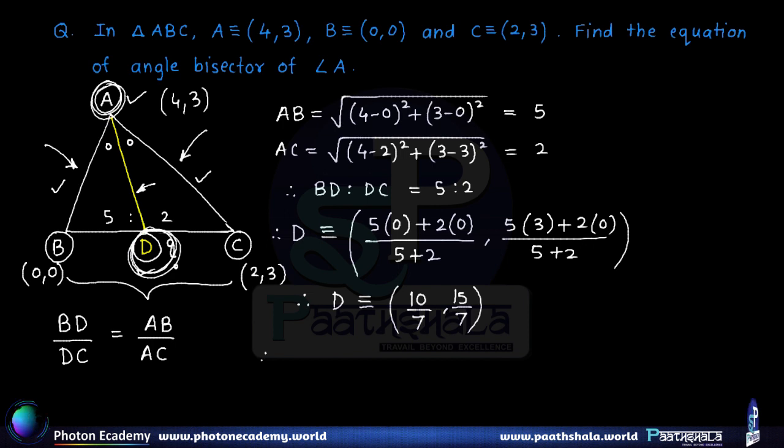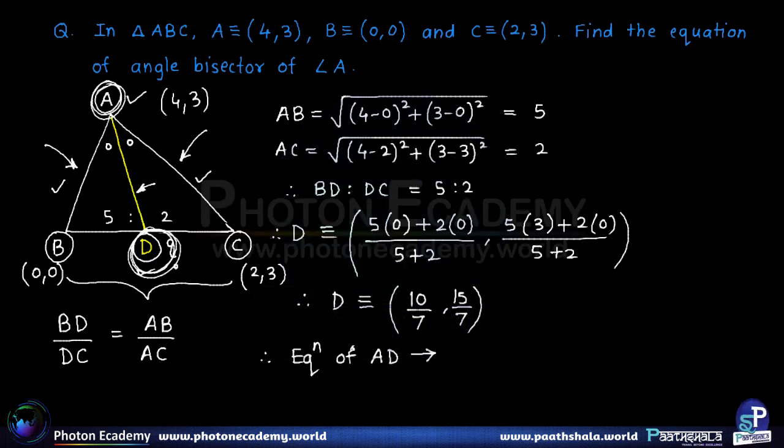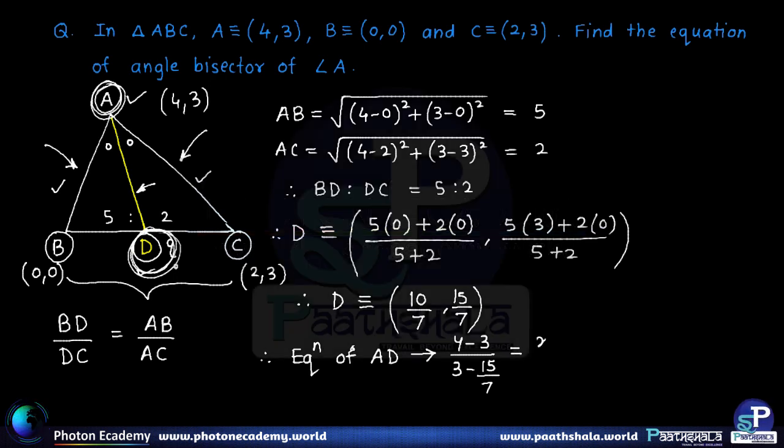So therefore equation of AD can be obtained by using 2-point form. We know how to write the 2-point form, that is y minus y1 upon y1 minus y2. So whichever way you are comfortable with, you write the equation and then simplify it.